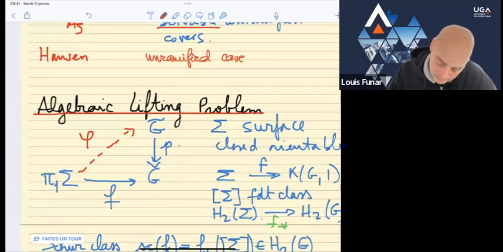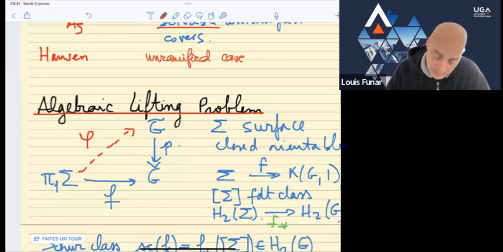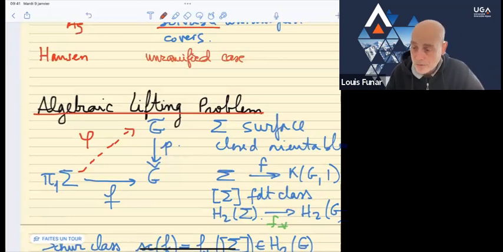So we have a surface. In our case, it would be a surface minus a branch locus, but it is already interesting in the case where sigma is a closed surface.